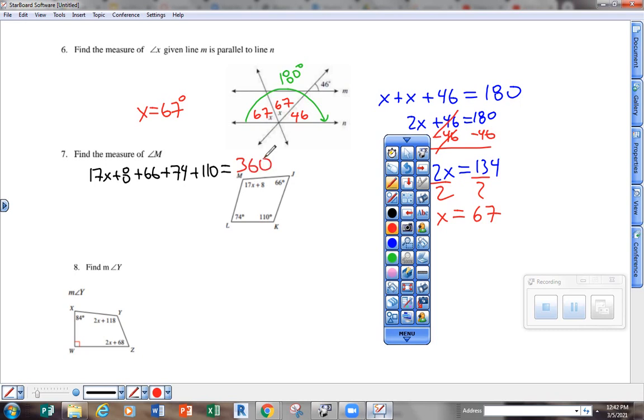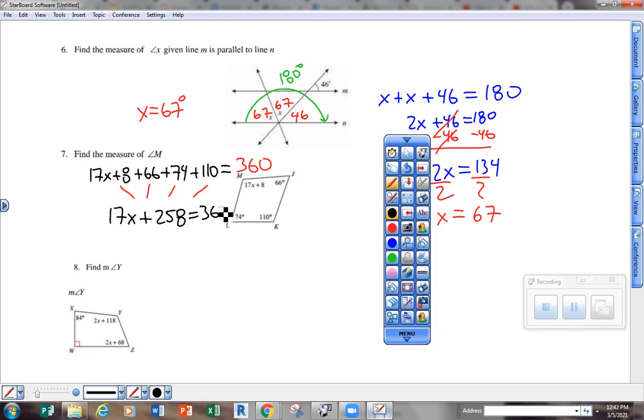For this problem, I'm going to combine all my angle numbers together and leave that 17x alone. So that's going to give me 17x plus, when I add that 8 and that 66 and that 74 and that 110, that gives me 258.